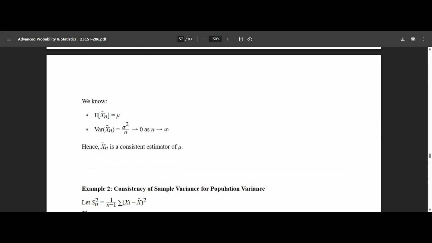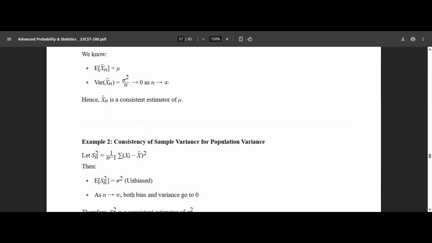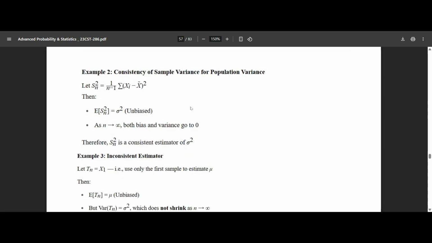So we can find the formulas for the sample mean and its variance. As n tends to infinity, the denominator becomes very large, so the overall fraction will automatically become zero. Hence, x bar n is a consistent estimator of mu. That is, the sample mean is a consistent estimator of population mean.